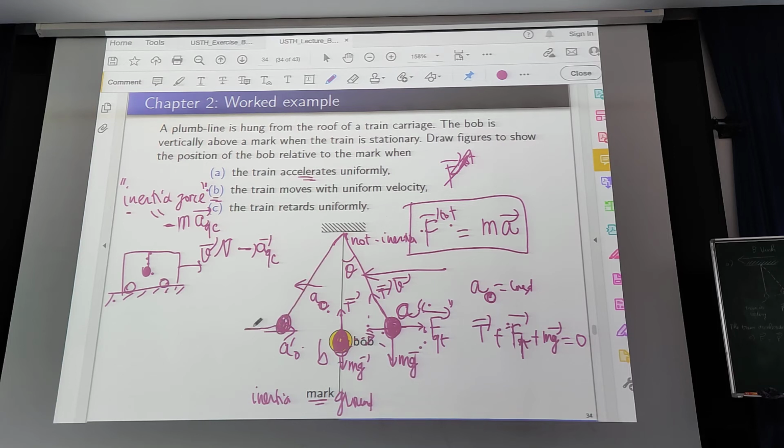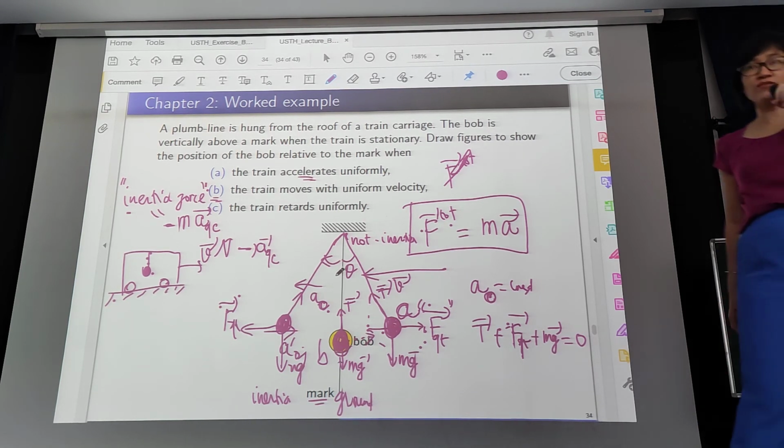And in this case, you have the tension and mg, and the bob is stationary on the train, and it's like this. Is it okay? Everyone? Good?